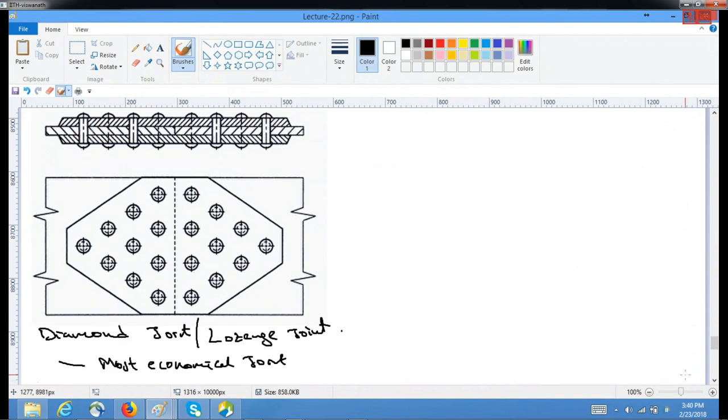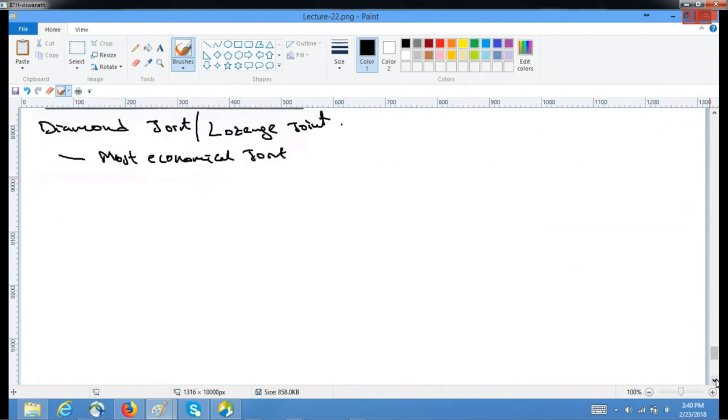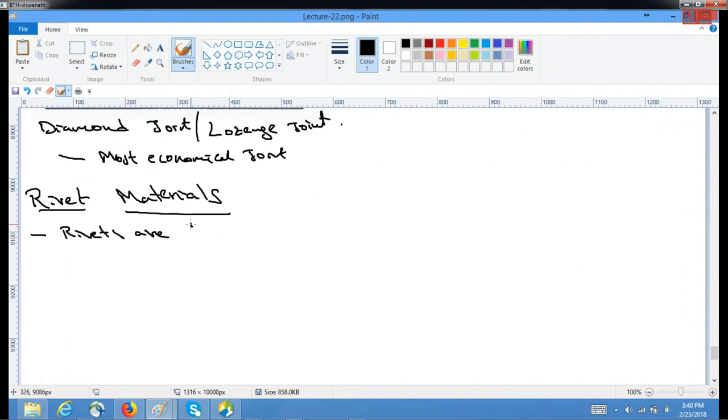And then we'll see what are the type of materials that are used to make the rivet. So the next section is on rivet materials. Generally, rivets are made up of mild steel, and there are two varieties.